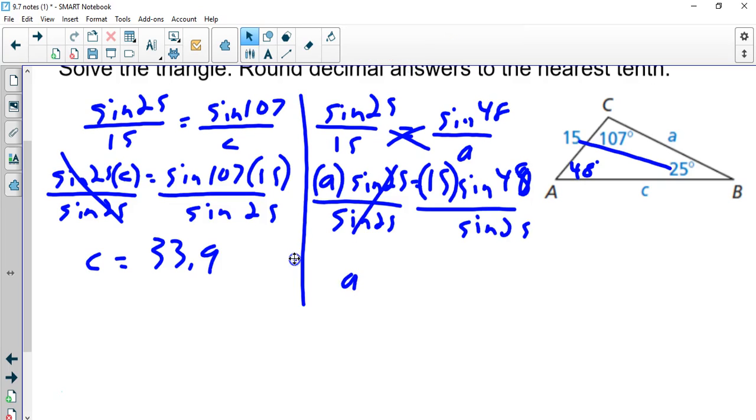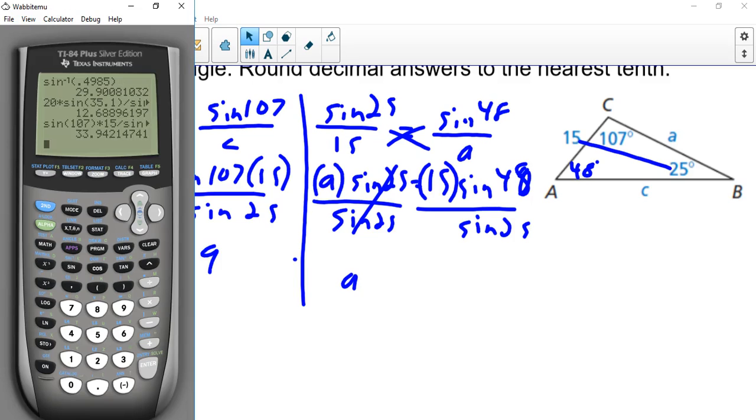So we just type in our calculator. Again, straightforward. 15 times the sine of 48. Close parentheses, don't forget that. Divided by the sine of 25 from our magic ratio. And that gives me, round to the nearest tenth, 26.4.